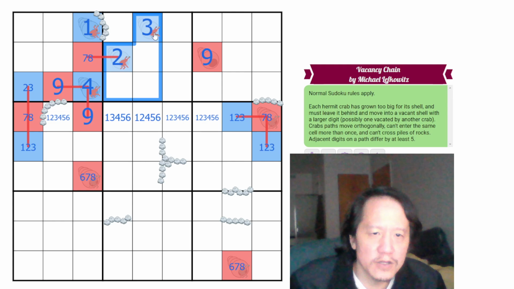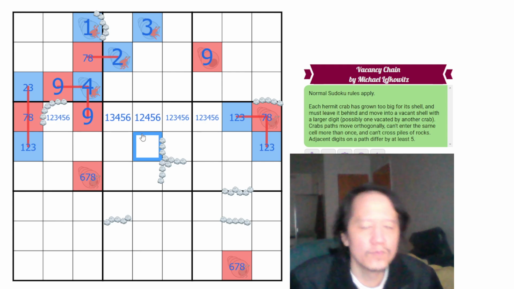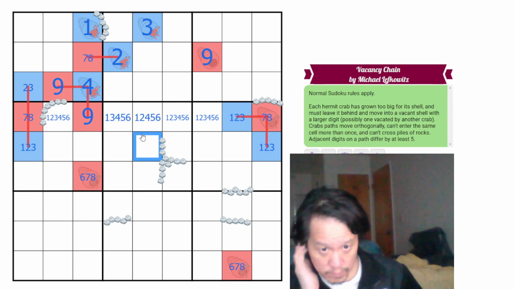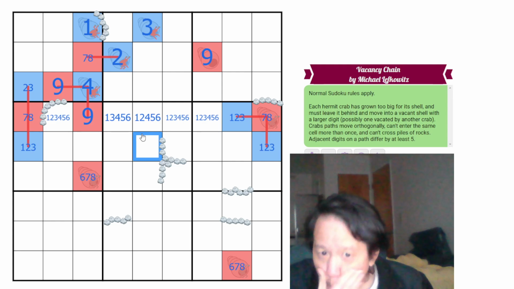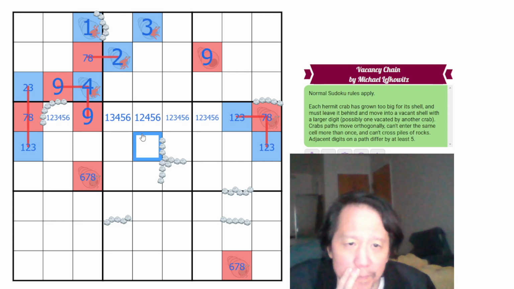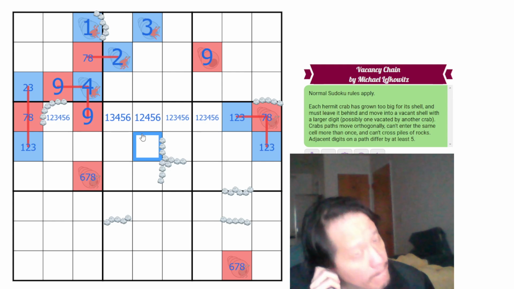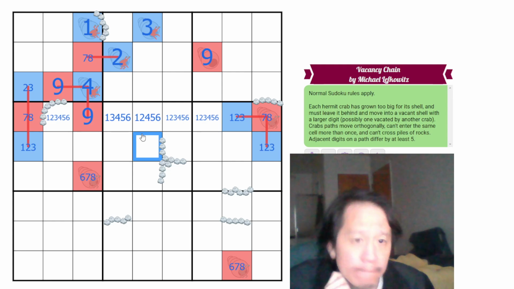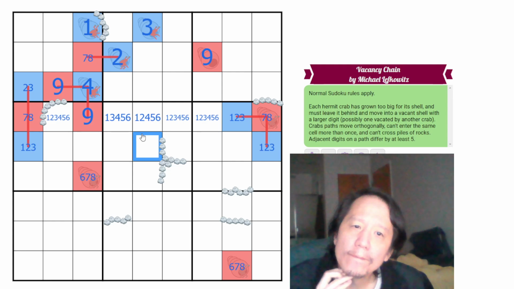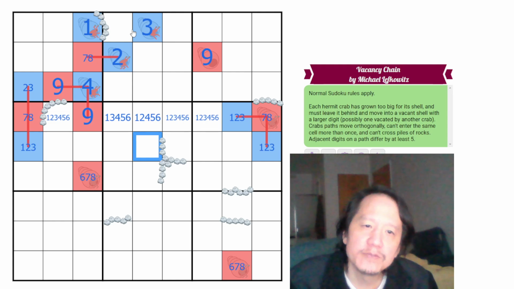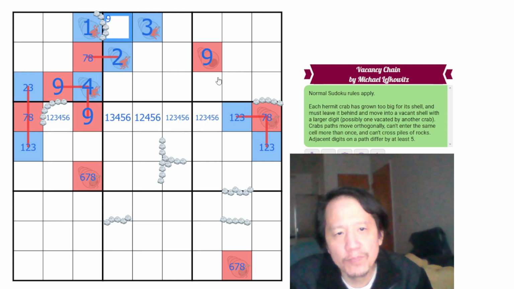I mean, technically, it could do something like this. Unlikely, though. So we know 9 has to be one of these two. We also know 8 has to be one of these 3.